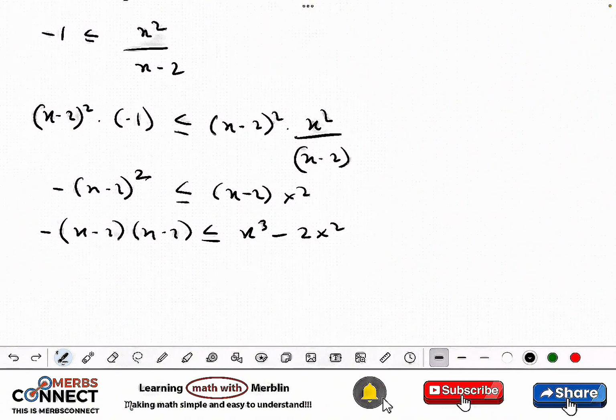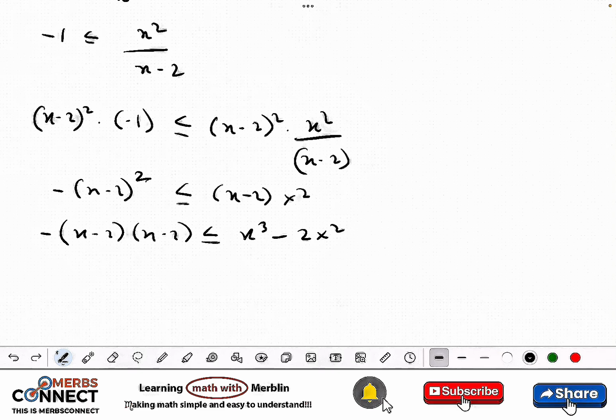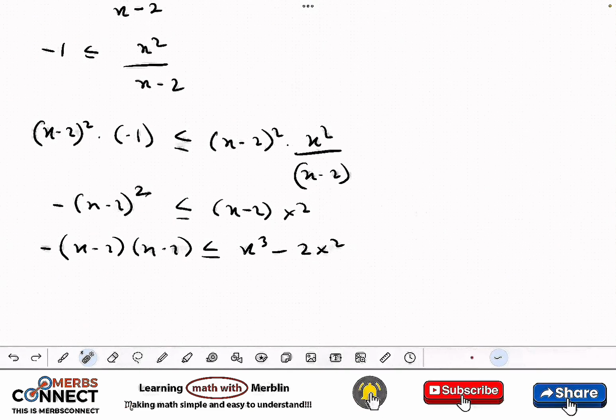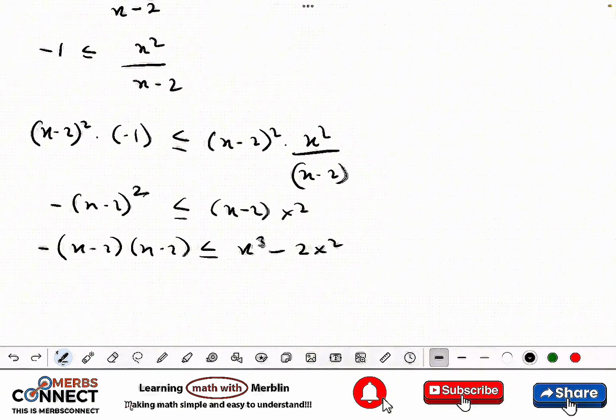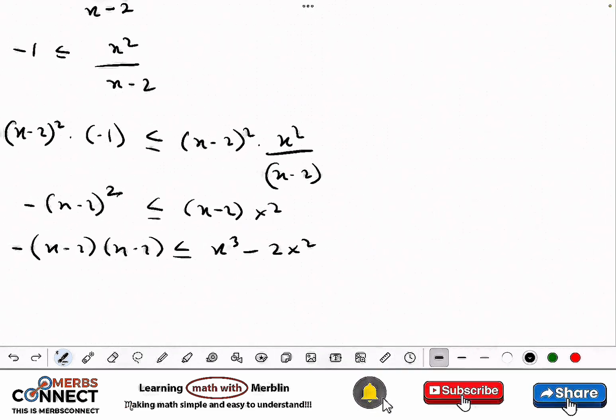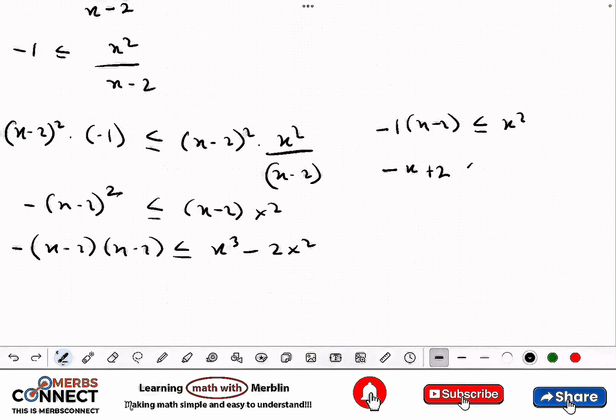But what if, let's look at this one too as well. What if I just do the thing very straight? So let me see what I'm going to get. If I just do cross multiplication, this times this and this times this, what am I going to get? So let me just go through that one first. Minus 1 times x minus 2 less than or equal to x squared, right? So when I do that, I'm going to have minus x plus 2 less than or equal to x squared, right?